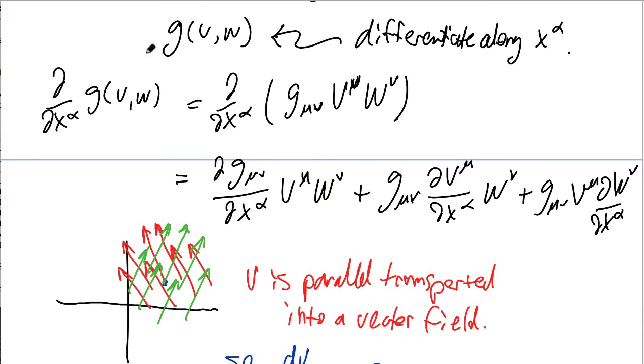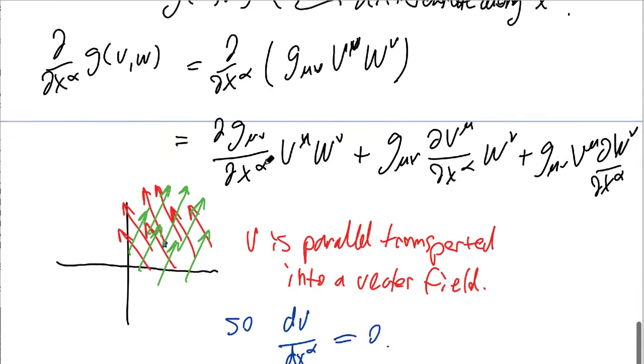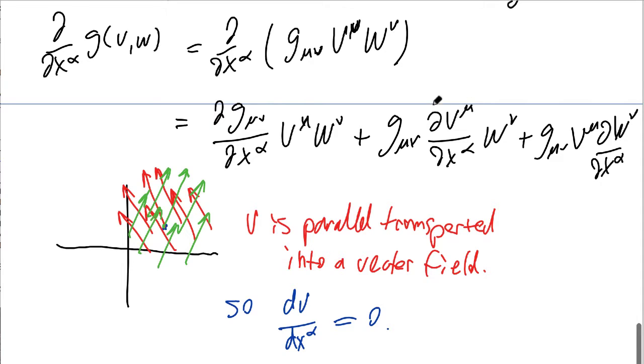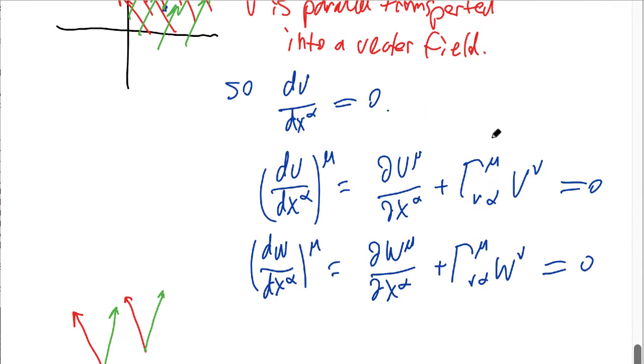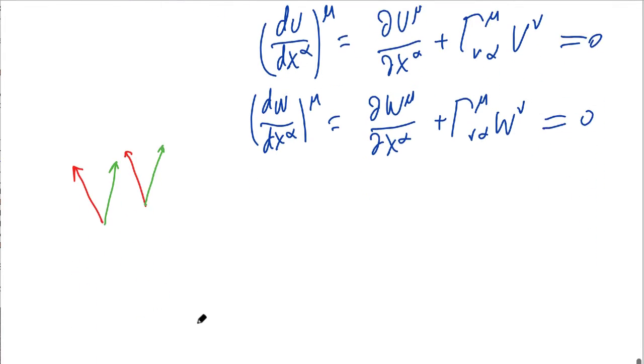All right, so let's set the left-hand side equal to 0, and then on the right-hand side, we can replace these derivatives of v and w with respect to x alpha using these expressions. So let me write this out carefully.